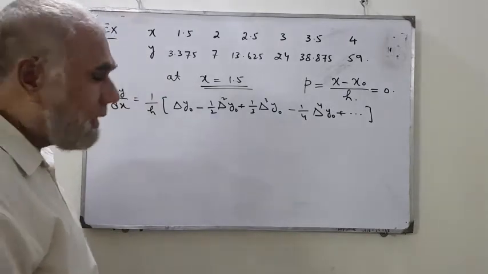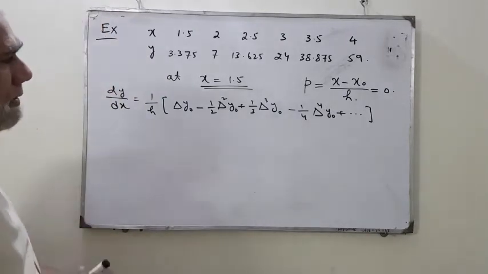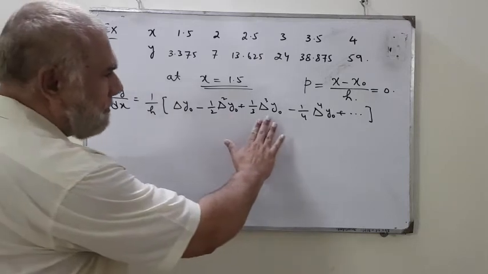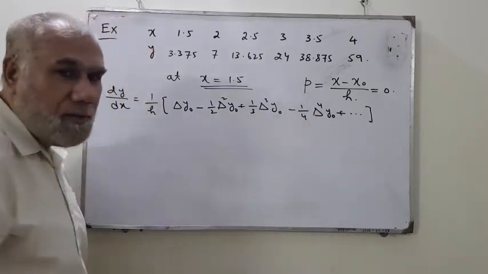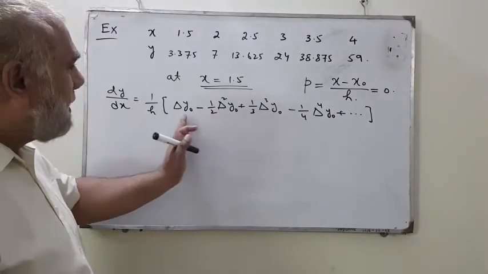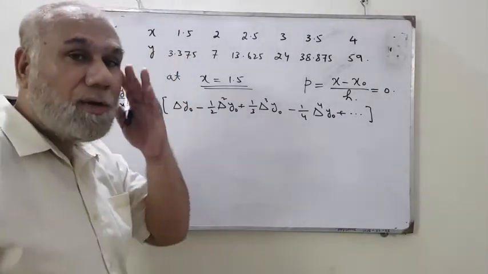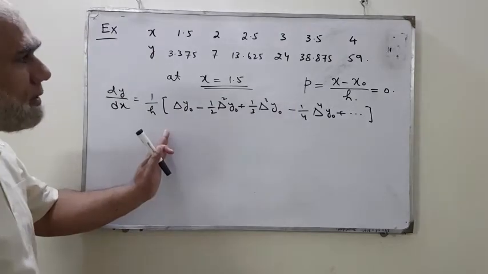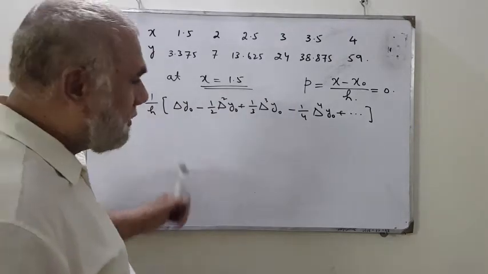In order to use this formula, we require the information of deltas. As you know, while studying interpolation, we found the values of these deltas by constructing a difference table. So here we shall be constructing the same kind of difference table.